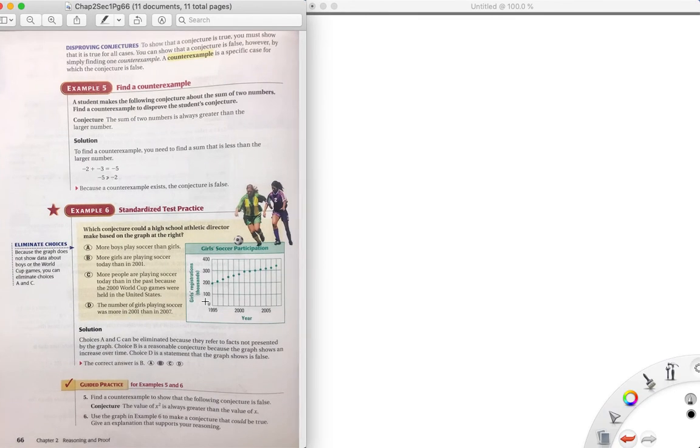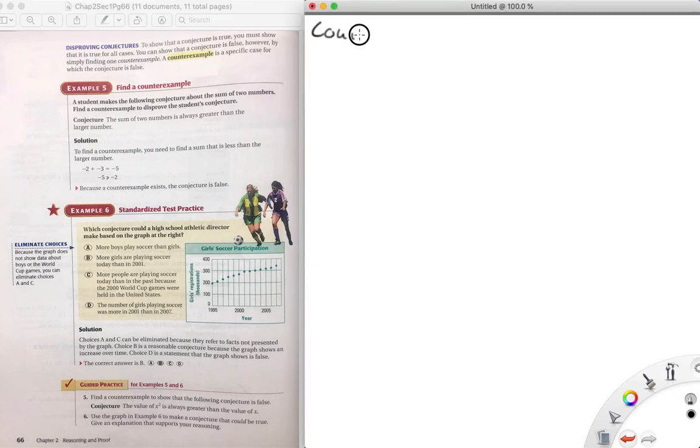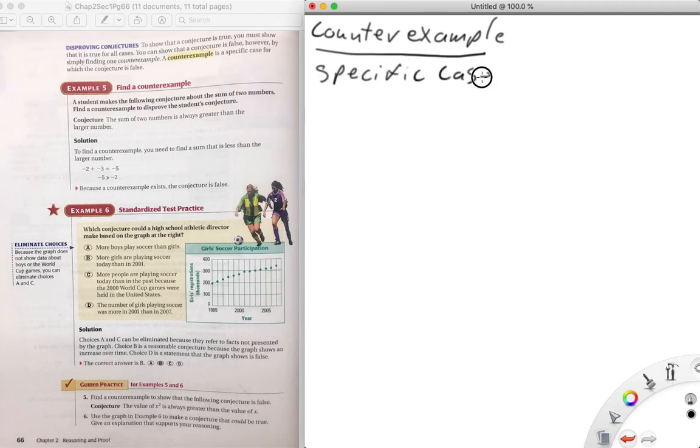Then they talk about something called a counterexample. And a counterexample is a specific case where the conjecture is false.